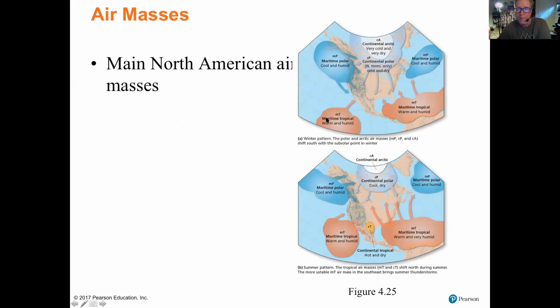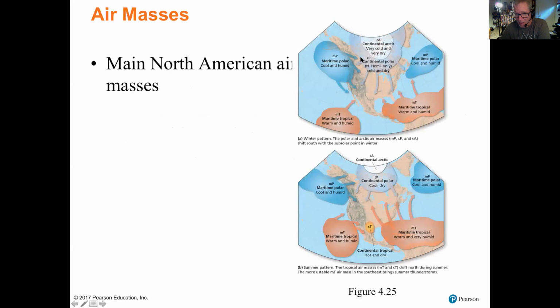So during the winter, remember, the sun is in the southern hemisphere, so the pressure systems are kind of pulled down in latitude a little bit. So the maritime polars come down and influence the west coast here and this part of eastern North America. Continental polar brings that cold air. Remember the jet stream and the Rossby waves.